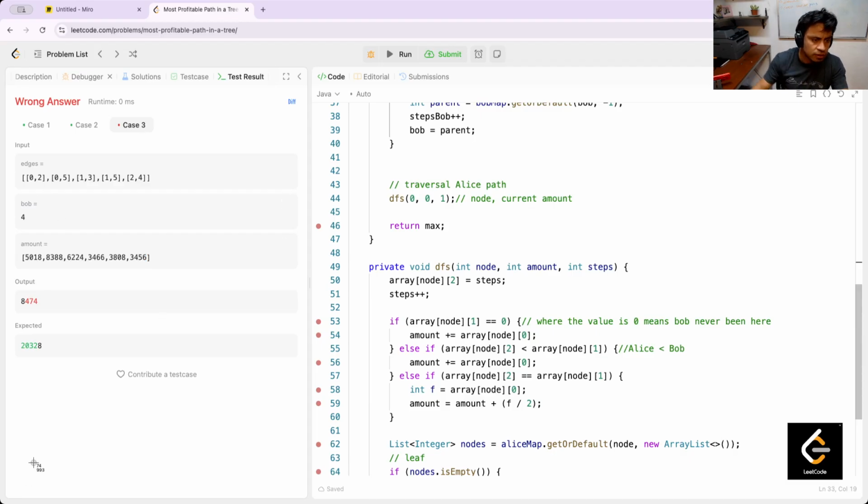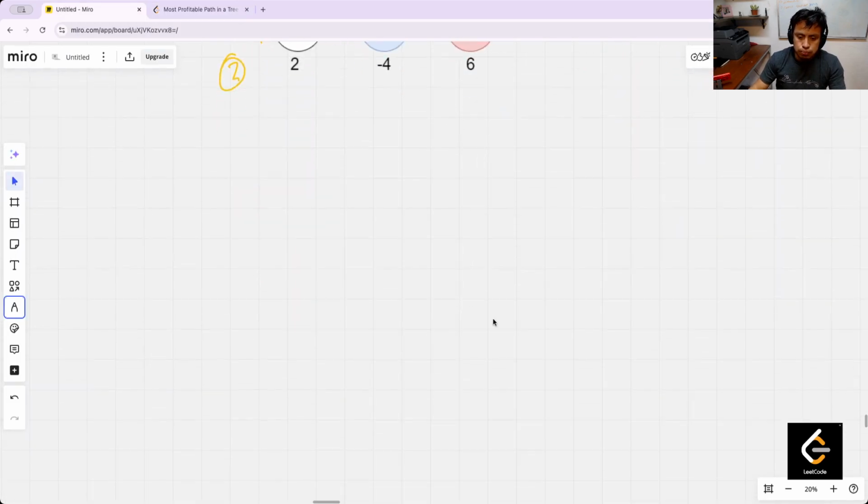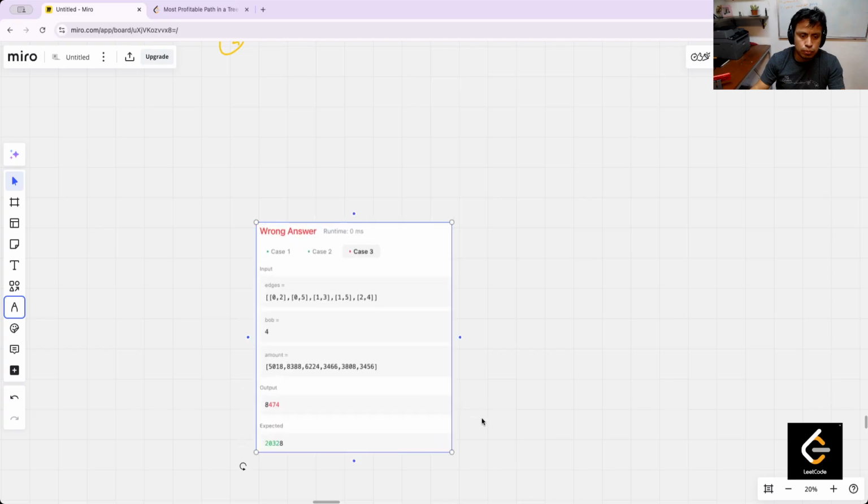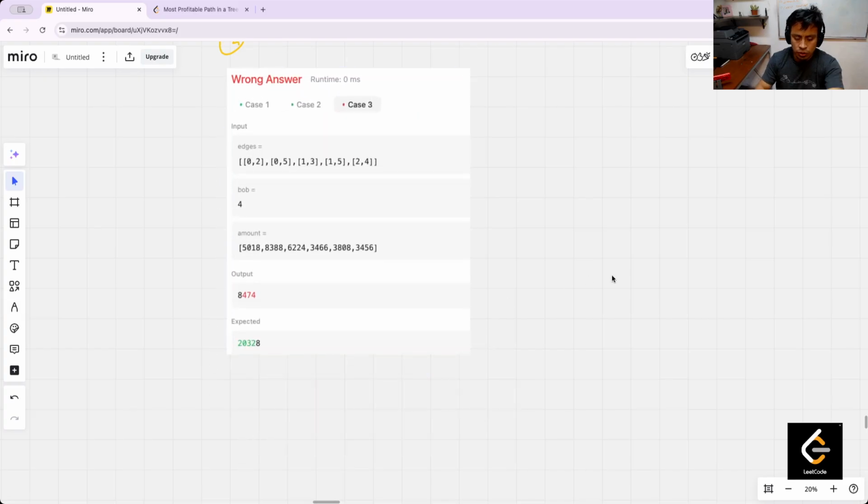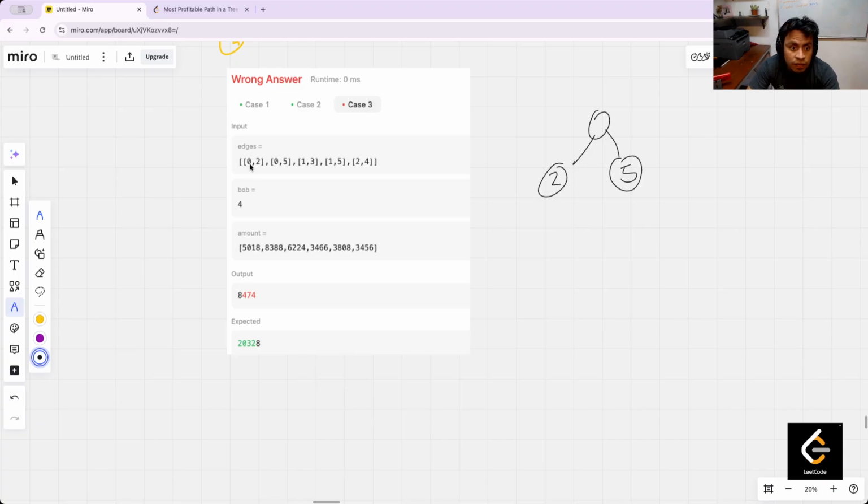Okay, I will check this. Now, here is 0, 2, 5, 1 to 3. 1 is connected with 3.